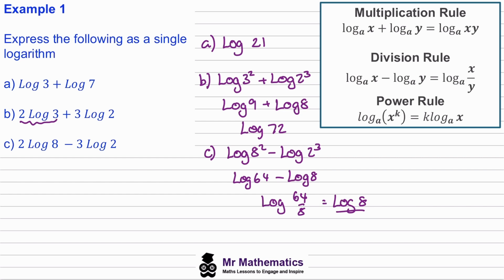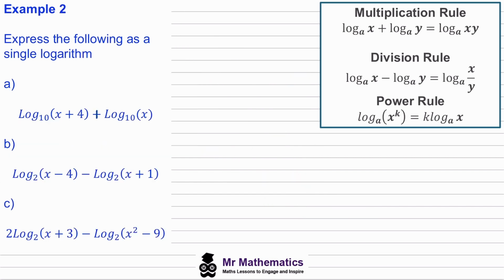Let's try another question. So in example 2, we're going to apply the same idea, but we're going to do it with algebra. So for question A, you can see we've got the same bases, and it's an addition. So we'll apply the multiplication rule, where we multiply the x plus 4 by the x.